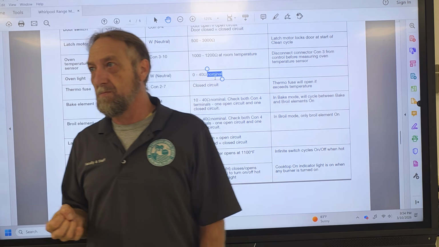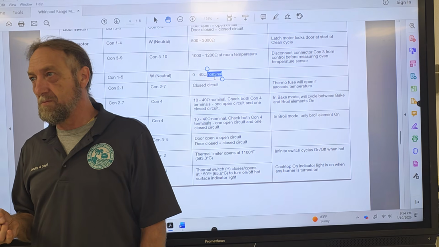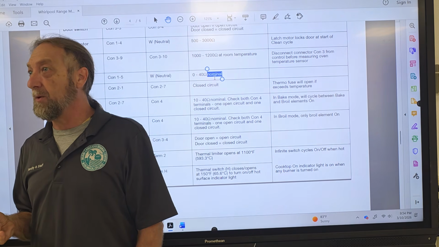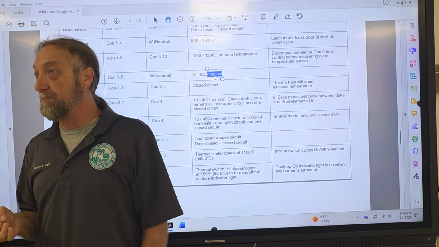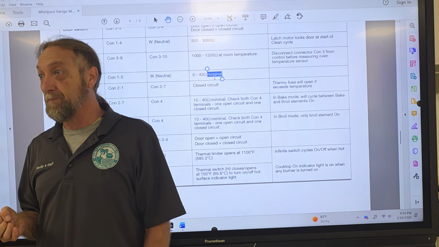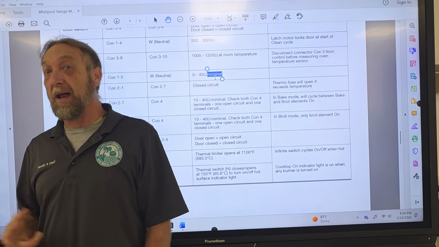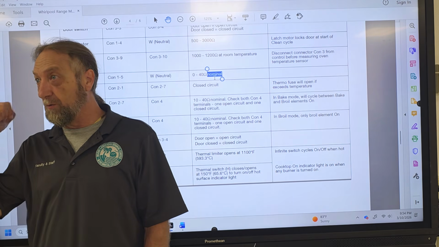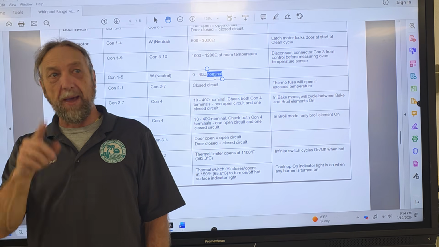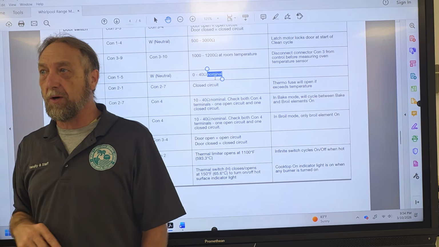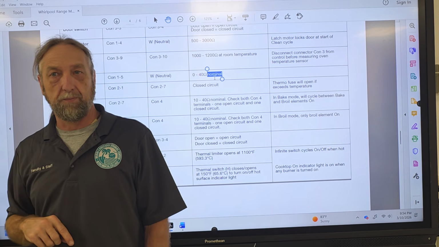But that right there is from the factory, this diagram. There's a mistake with that diagram. I have a couple of videos. I have a video on a GE stove on YouTube where the manufacturer drew a direct short on the control board.